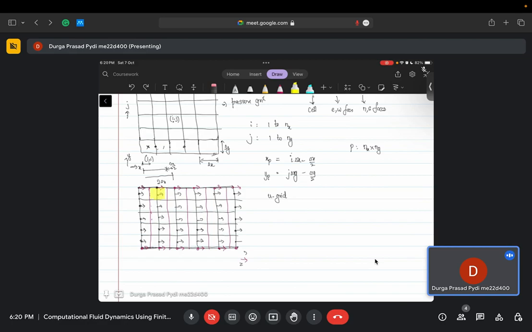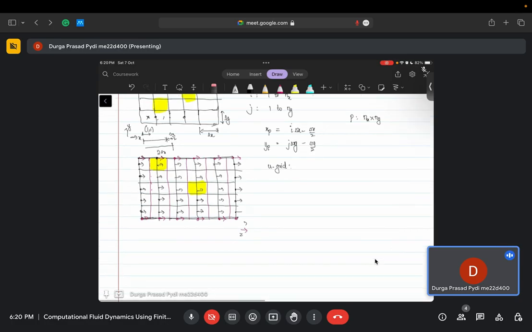I'll write the equation for only one cell here. Just highlighting two cells so that it will be clear, only for that cell will I be writing the equation. So when I'm writing these equations for the U grid, what will be the size of my U matrix? I was asking in terms of nx and ny. I need to create an array to store this U matrix, so what will be the size of it?